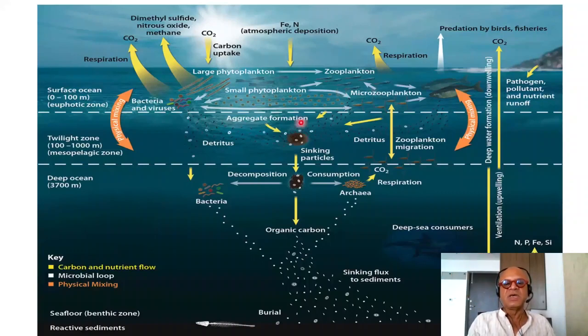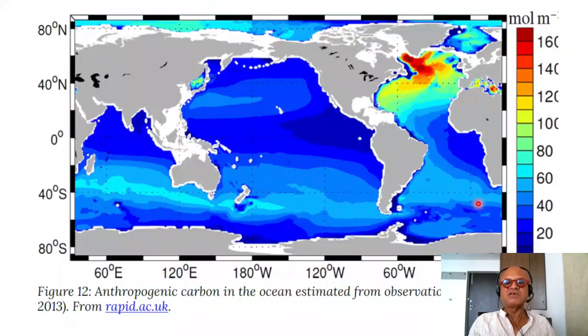So this is the biological pump, in terms of moving organic matter down and bringing it back up, or the up and down movement of the zooplankton or detritus and so on. And the solubility pump is this physical mixing and advection by upwelling and downwelling that we talked about.